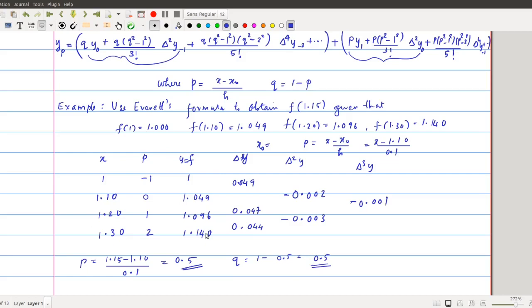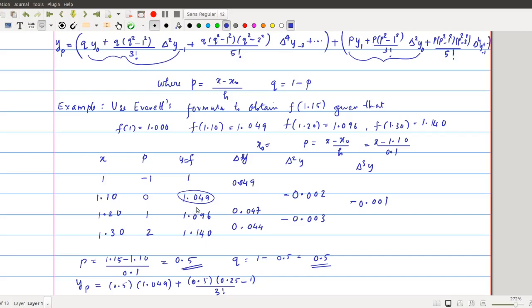We will write the first two terms of this formula only. I will write here yp, the required y value. The first term will be q times y naught, that is 0.5 times y naught. Y0 is 1.049. Plus the second term will be 0.5 into q square minus 1 square, that is 0.25 minus 1, divided by 3 factorial, and delta square y minus 1.